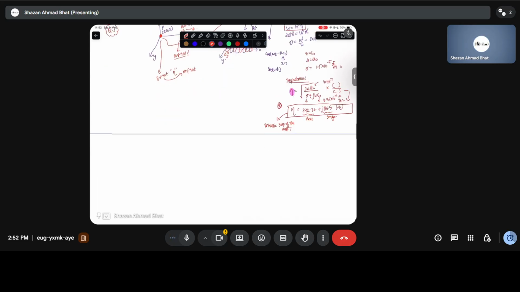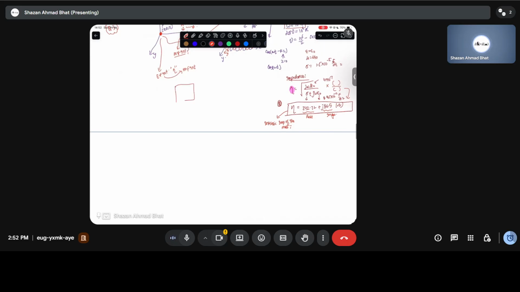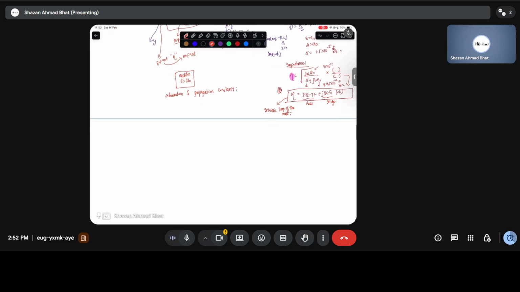Now because we are considering a particular medium system with certain epsilon naught and mu naught, permittivity and permeability, you are going to compute the attenuation and propagation constants, or coefficients, whatever you call it. I like to call them coefficients.